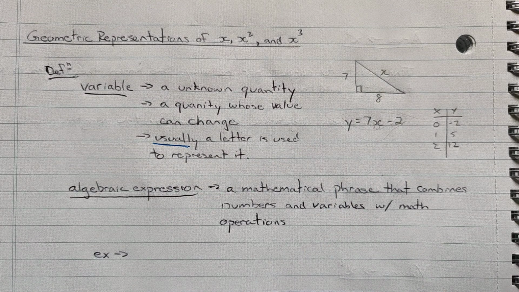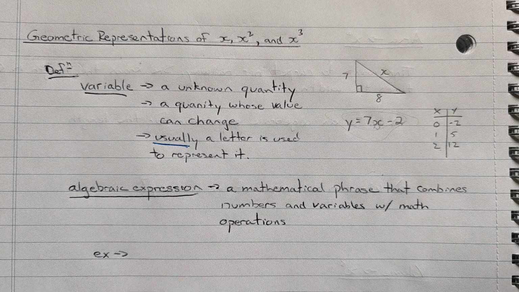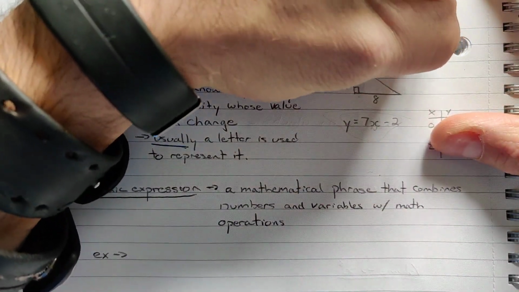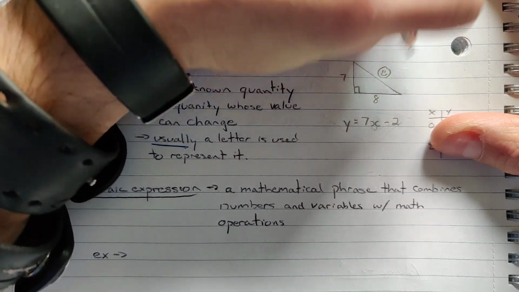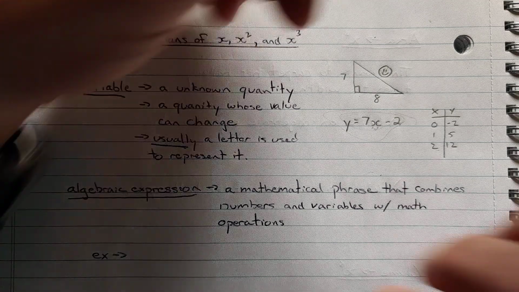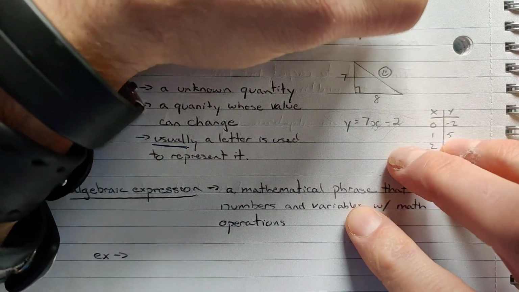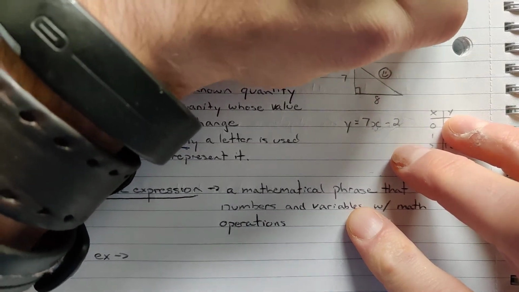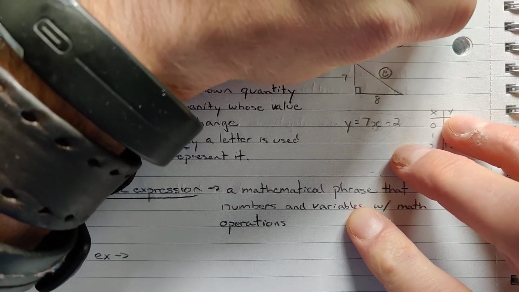We usually use a letter to represent this, but we don't have to use a letter. I could go in here, get rid of this x, and change that to a smiley face, and that still works. What's the smiley face? Well, we can have our Pythagorean theorem written out, and we can have 7 squared plus 8 squared equals the smiley face squared.